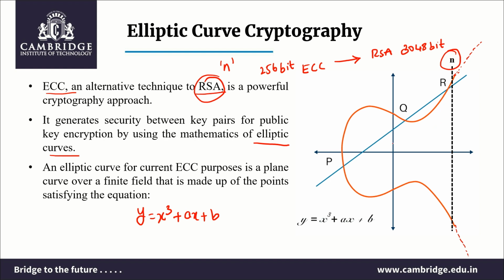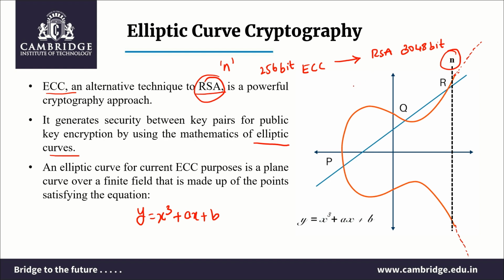Now, at any point in time, when I draw a line by considering different points on this particular curve, there will be a maximum of 3 points we might get. Suppose you have a line, as you can see, a blue line here. You have points P, Q, and R. There are 3 points.